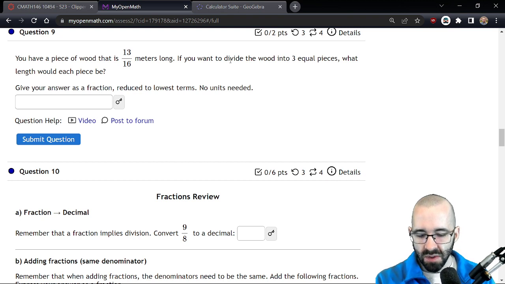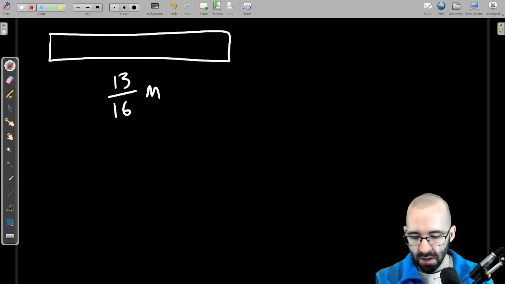If you want to divide this wood into 3 equal pieces, what length would each piece be? So let's divide this into 3 equal pieces and figure out how big each one of these red pieces is.